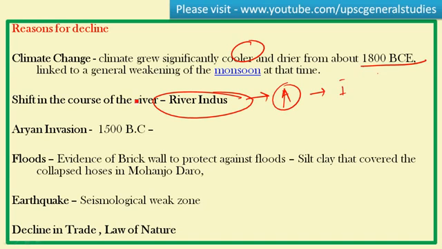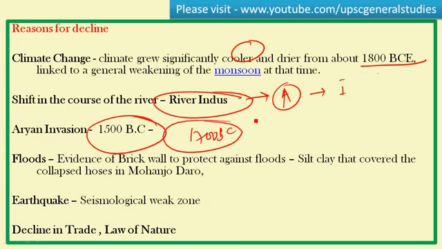The third reason is the theory of Aryan invasion. This theory was put forth by the colonial historians during the British rule. Aryans advented into India from Central Asia in 1500 BC, while the Harappan civilization started declining during 1700 BC.